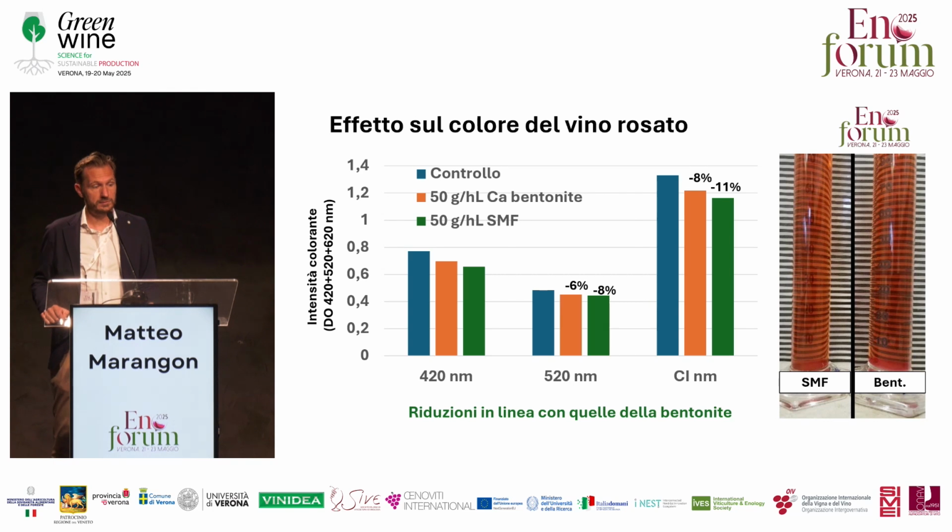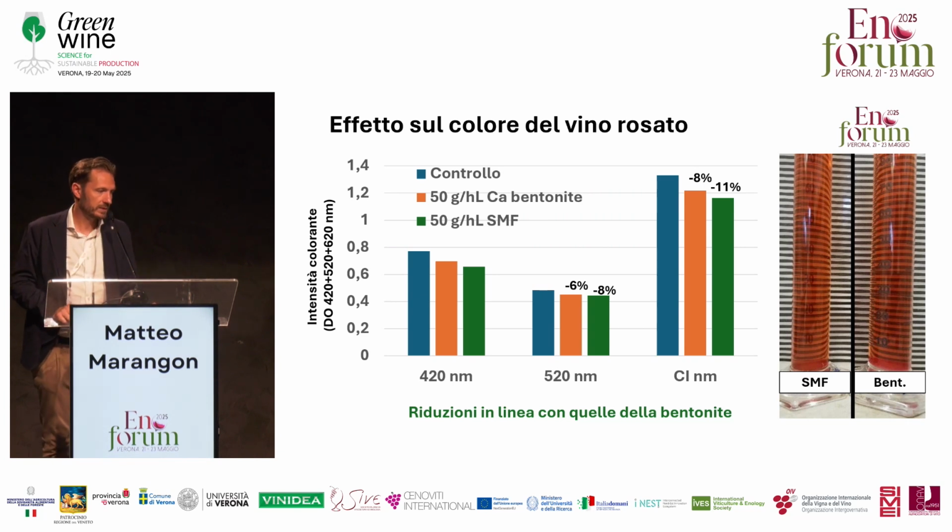Another parameter that we were asked to assess by OIV is the effect on the color of the wine. Rosé wines, in terms of vinification and composition, are more similar to whites, of course, than red wines. So we made a spectrometric assessment of the three groups.